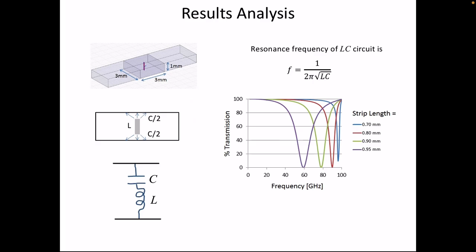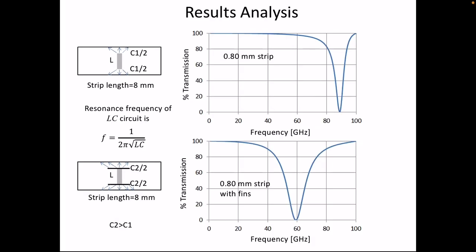Here's another chart, and you can see the formula that we use to try to figure out what frequency to block. What we decided to do was add little fins to the tip of the metal strips to see if it would make a difference in the frequency that it bypasses.